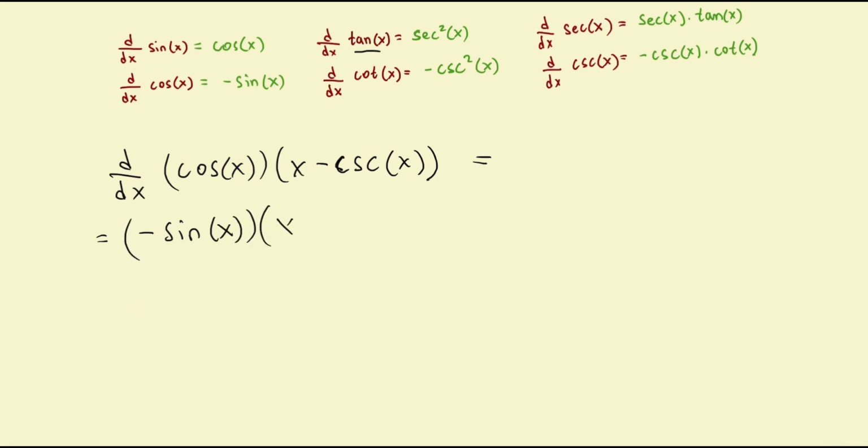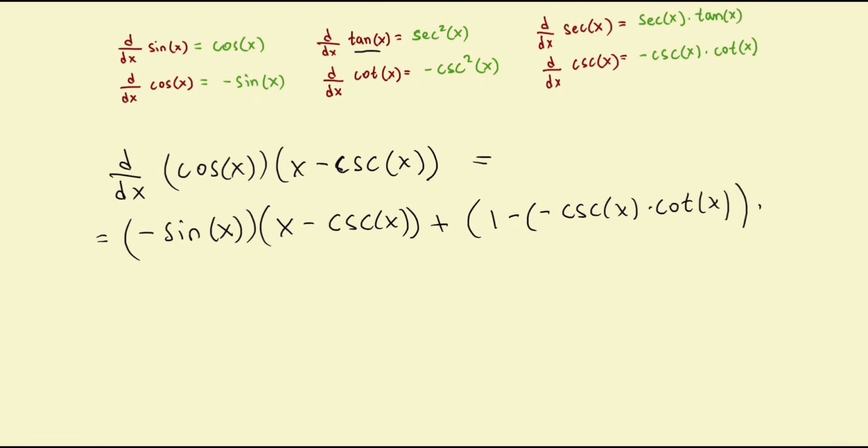We'll multiply this by the second function plus the derivative of the second function, which is 1 minus derivative of cosecant is negative cosecant x times cotangent x. We'll multiply this by the first function, cosine x.